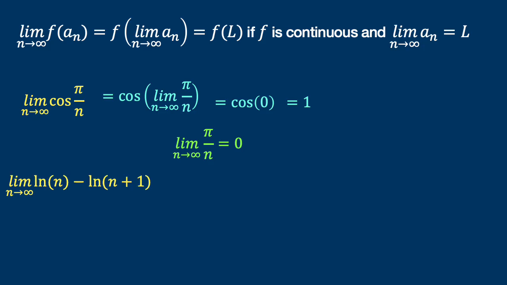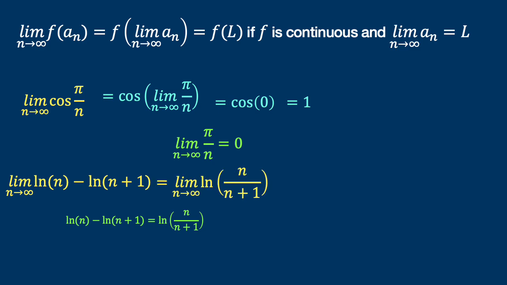Let's have another example. The limit as n approaches infinity of ln n minus ln(n plus 1). We want to find the limit of this sequence. First, we have to use a property of ln. So ln n minus ln(n plus 1) is ln of n over n plus 1.